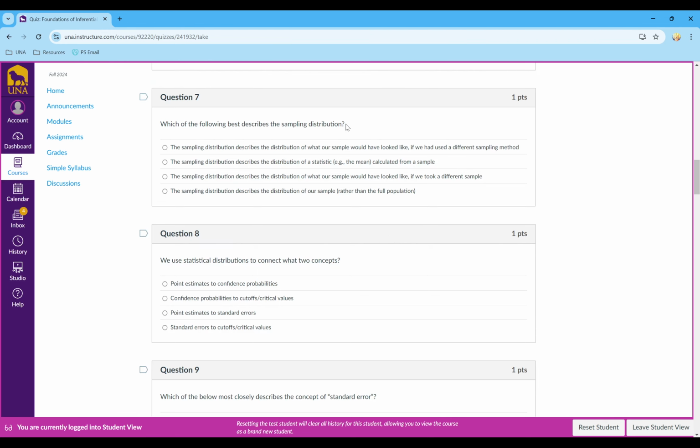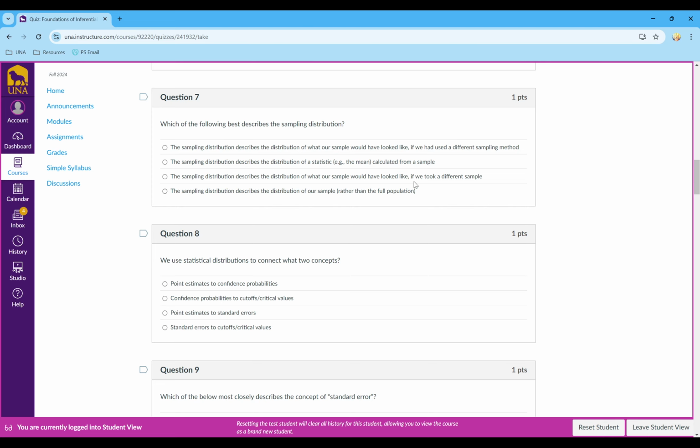Which of the following best describes the sampling distribution? Well, remember the sampling distribution, we can have it for mean or standard deviation. We typically do it for mean. And it's like, what's the distribution of the means? So, what the sample looked like with a different sampling method, no. Distribution of a statistic calculated from the sample, yes, probably.